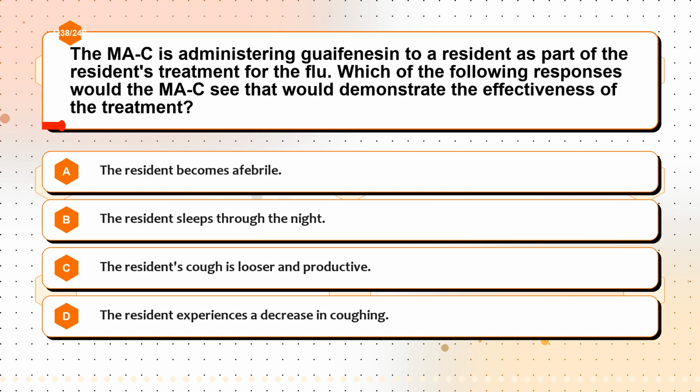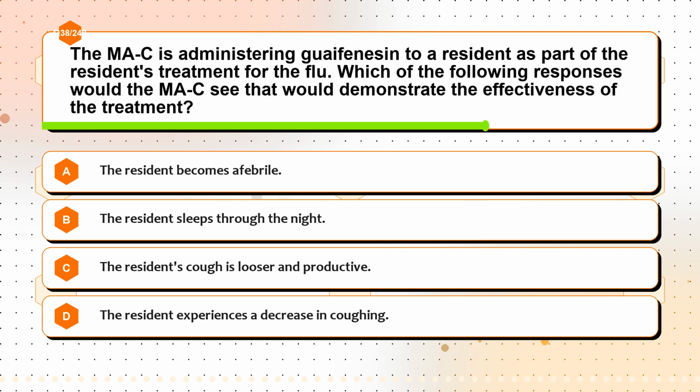Question 38. The MACE is administering guaifenesin to a resident as part of the resident's treatment for the flu. Which of the following responses would the MACE see that would demonstrate the effectiveness of the treatment? Here are the options. Option A. The resident becomes febrile. Option B. The resident sleeps through the night.